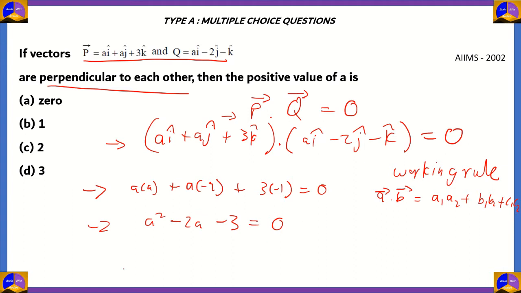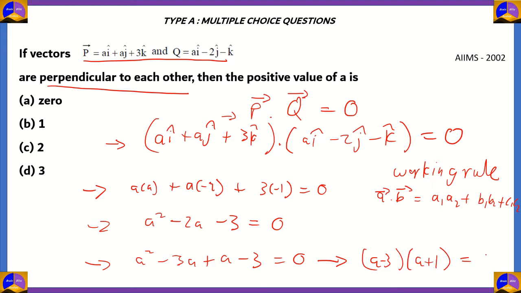Now, let's split the middle term of this quadratic equation to get a squared minus 3a plus a minus 3 equals 0. Taking a minus 3 common, you'll get (a minus 3) times (a plus 1) is equal to 0.